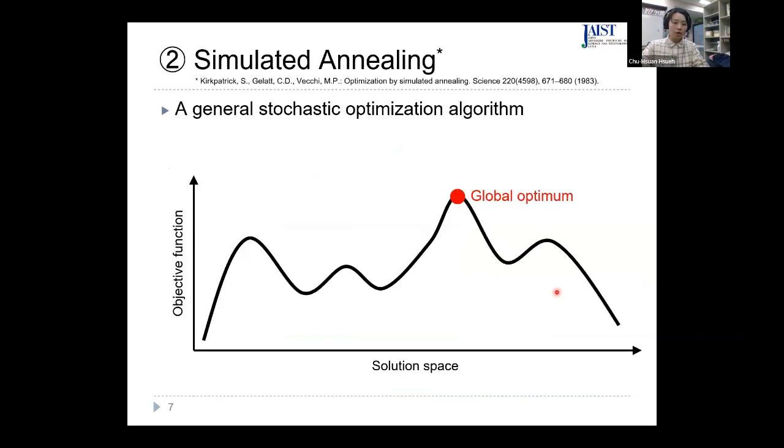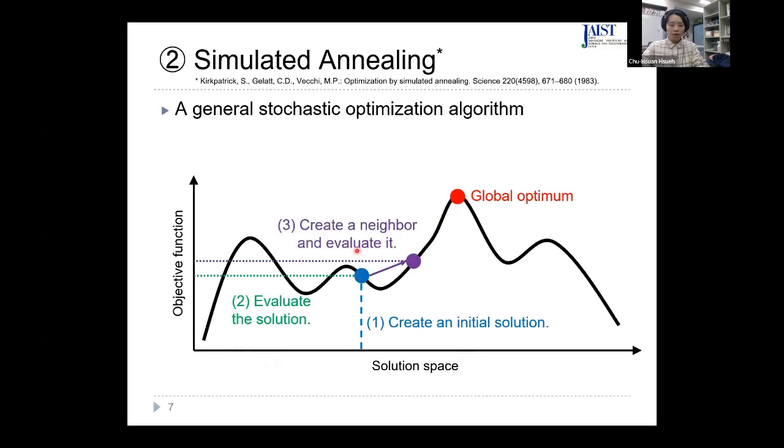In this work, we apply a general stochastic optimization algorithm called simulated annealing. Assume that the x-axis shows the solution space and the y-axis shows the objective function. Our goal is to find the global optimum. First, we need to create an initial solution. Second, we need to evaluate this solution. In the third step, we create a neighbor solution and evaluate it.